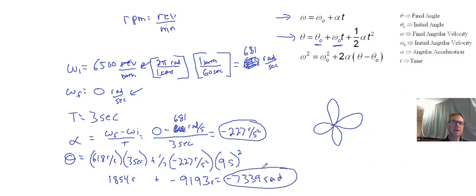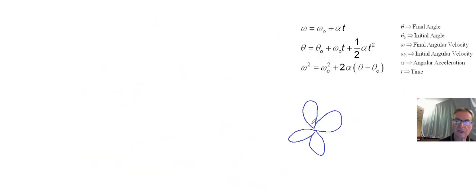The negative sign just indicates the direction of the motion, the direction of the acceleration. So it will move through 7,339 radians, slowing from 681 radians per second to 0 radians per second. All right, so that's problem number 3. Let's do one more problem and see what that has to tell us.